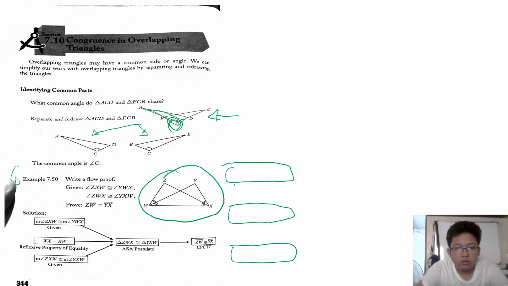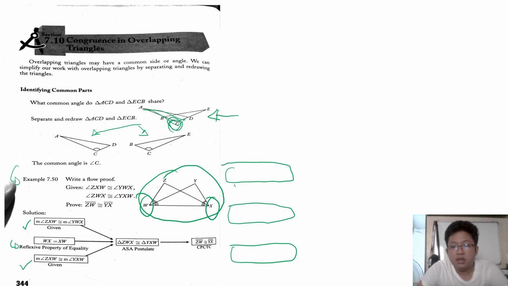Solution, syempre, we need to have two givens. So, lagay natin given number 1 and given number 2. As you can see, WX equals XW. Ito yun. And as you notice also, the reason is reflexive.